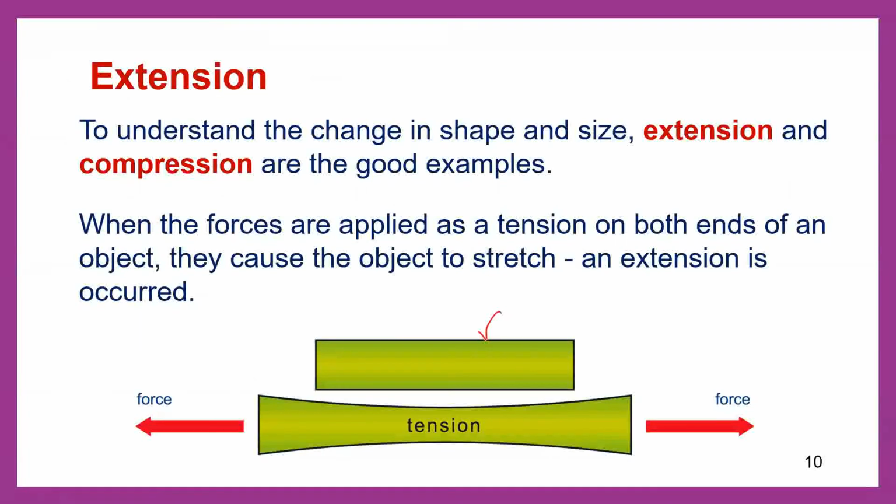If this material is stretchable, and we apply an equal amount of force on both sides, these forces are going to stretch the length of the material. After applying the force, the shape will look like this. So there will be a tension. The forces acting on both sides can extend the object, so the length of the object increases by applying the force.